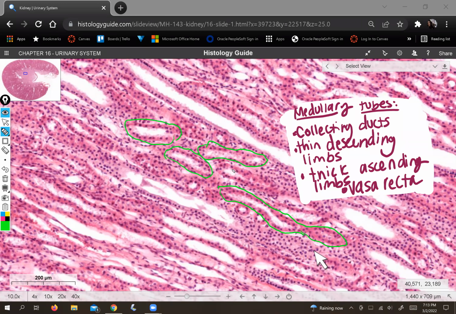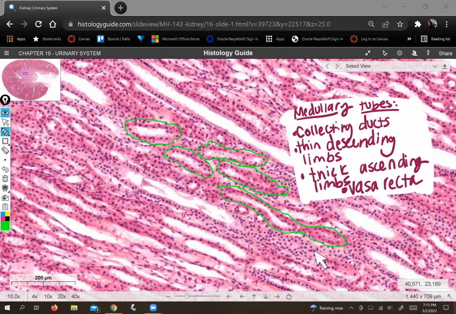And remember, these are all packed closely together into the renal medulla. So you might see slices of one ascending limb and then another, and they're all kind of smushed into each other. That's fine. As long as you pay attention to the cell morphology making up the tube, you should be able to tell.